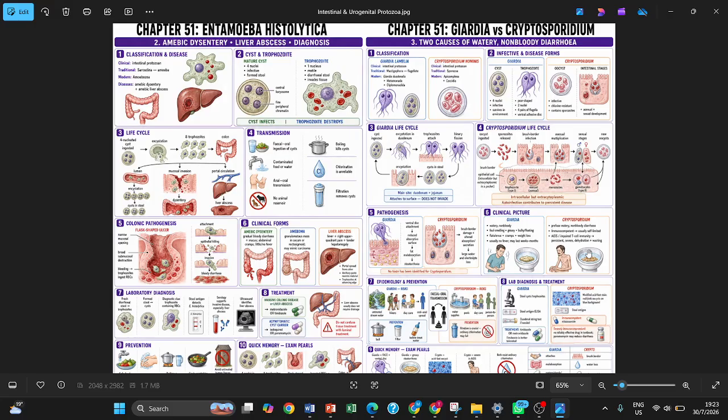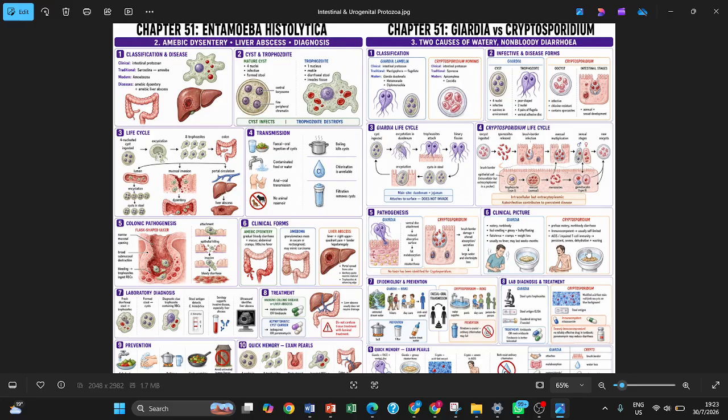So chlorination does not kill the cysts. We're saying that you need to boil your water or filter it, right? That's what can actually remove the cysts. After having said that, now let's talk about the life cycles of these organisms.